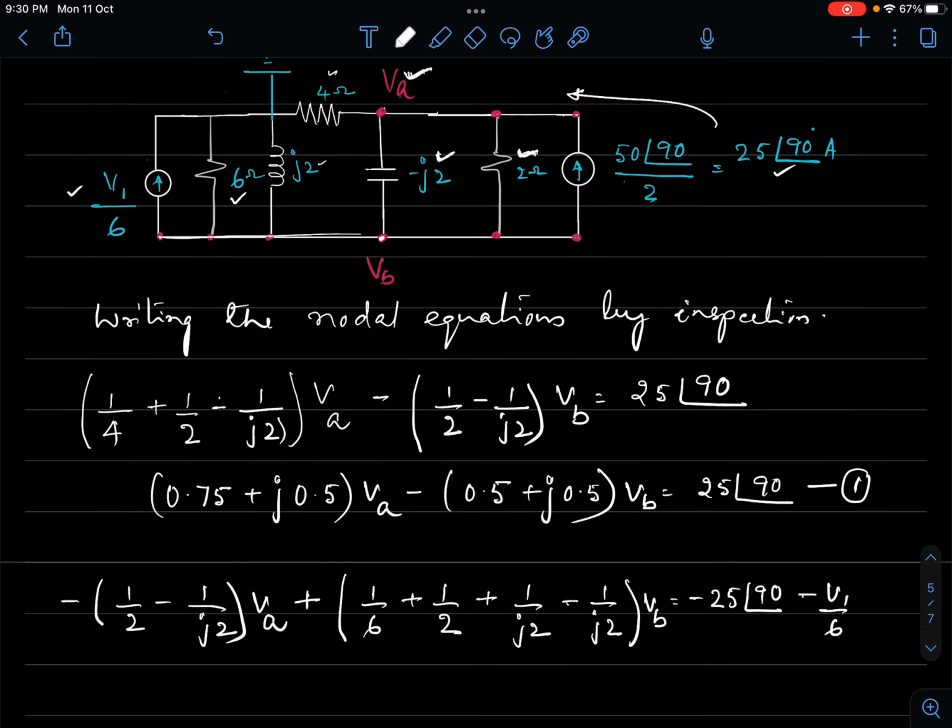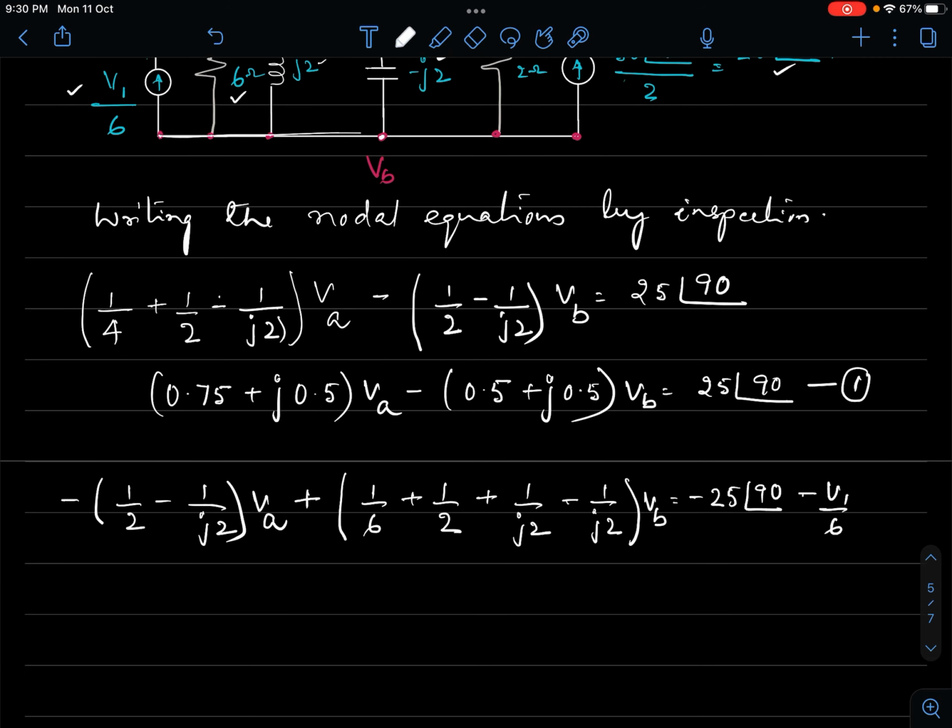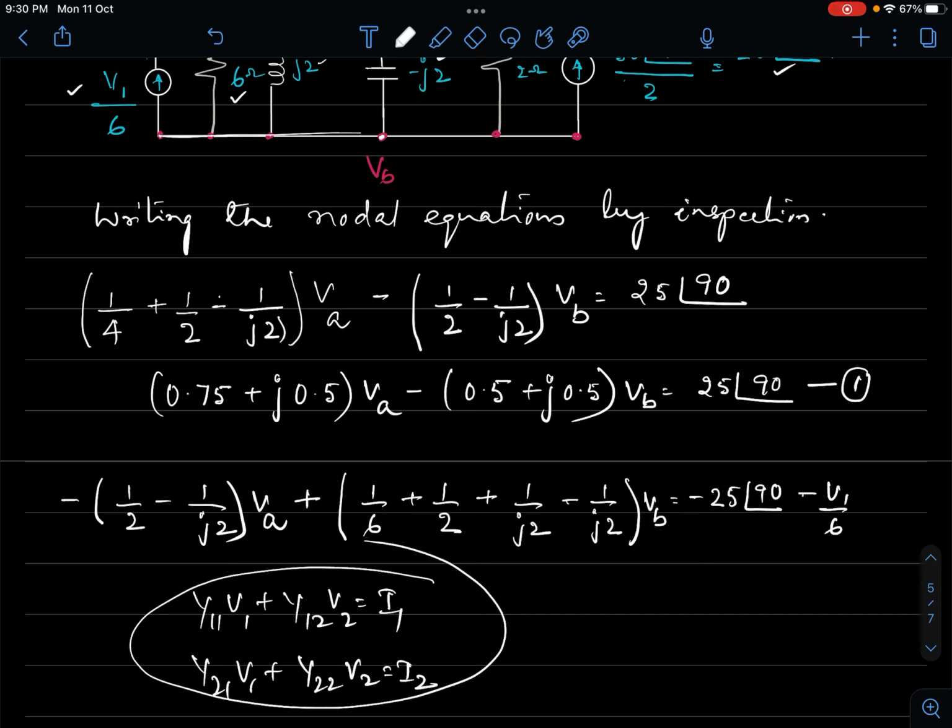Okay, so we have to recollect, if you have forgotten, the equations are of this form: y11 v1 plus y12 v2 equal to I1, y21 v1 plus y22 v2 equal to I2. This is how the nodal equations are written, where y11 is the sum of all the admittances meeting at node 1. y12 is the sum of all the admittances that are common between node 1 and node 2.